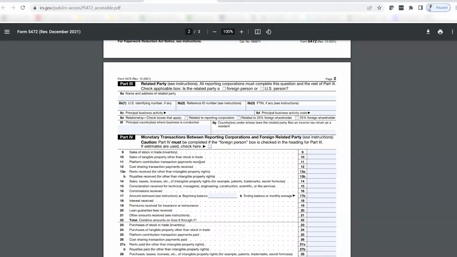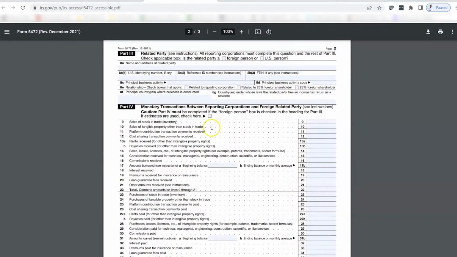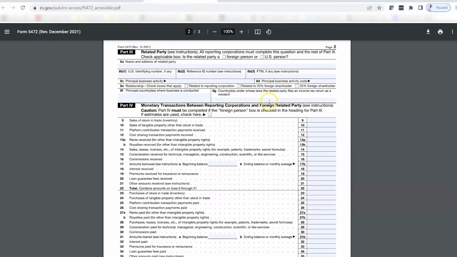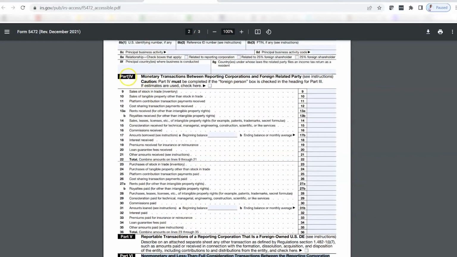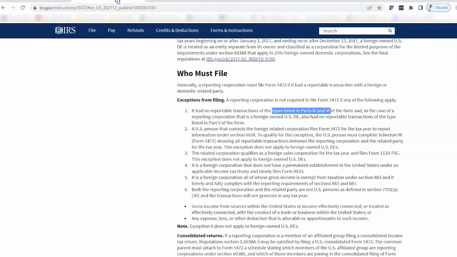And then the third one that needs to worry about Part IV and VI is a foreign corporation that is engaged in U.S. trade or business and where there's a reportable transaction of the type listed in Part IV and VI. So if you don't have any transaction in Part IV and VI, then the instructions are telling you that you do not have a filing requirement.